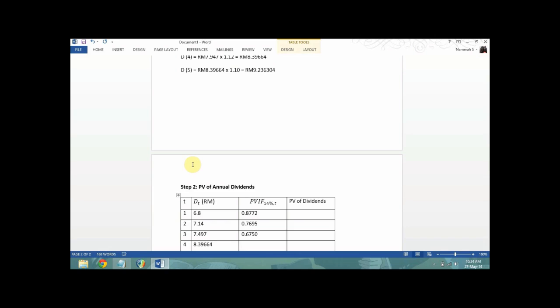The PVIF 14% for year 4 is equal to 0.5921. Now to calculate the present value of the dividends, we have to multiply the dividend into its present value interest factor, which gives us 5.96496.